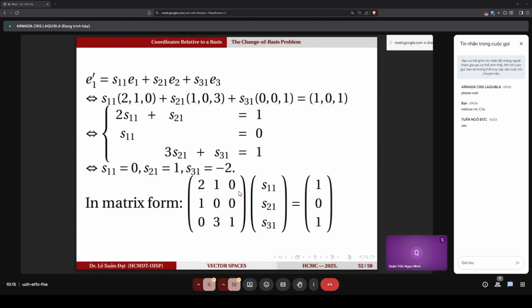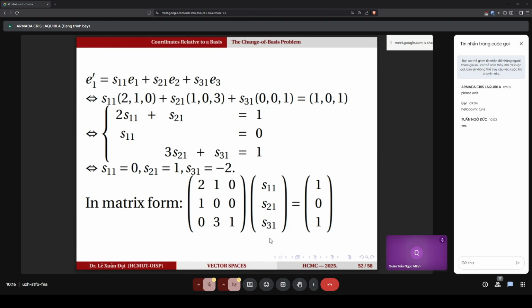Now, in matrix form, transform this to a matrix, you have this. And then we multiply the S11, S21, and S31, and you can get the 1, 0, 1 there. Okay? Now, if you want to get the values of your S11, S21, S31 here, what to do?